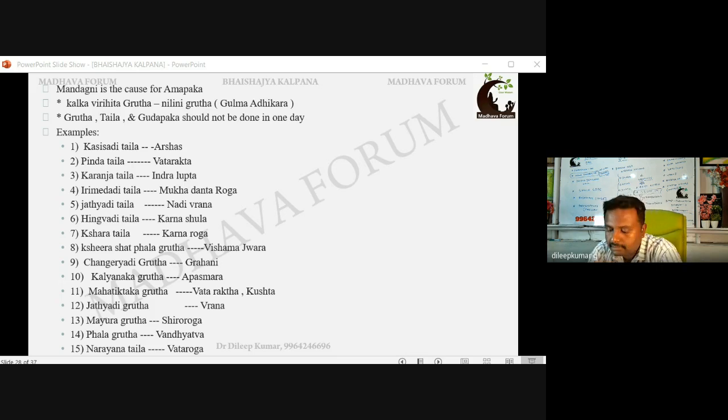Anupana is Takra. Indications: Kamala, Pandu, Uttara Kamala, Urustambha, Ajirna, Pliha.